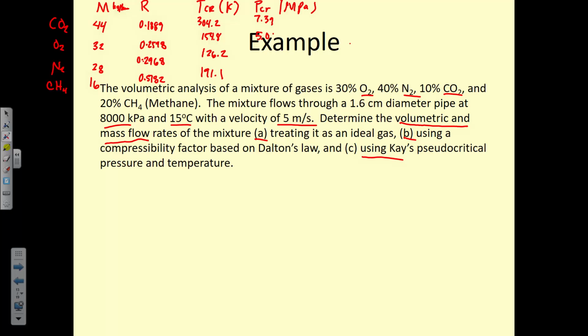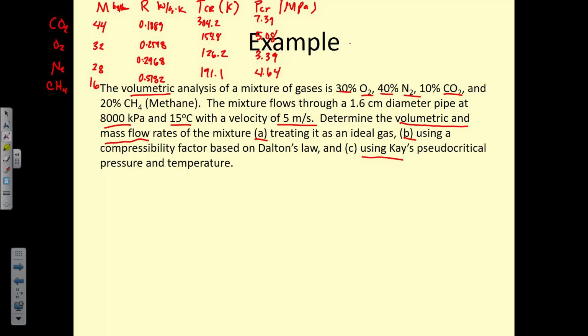7.39, 5.08. Hopefully you can read that. 3.39. 4.64. And this is, of course, in kilojoules per kilogram. Okay, so we've looked all of those up, and we're told a percentage by volume.